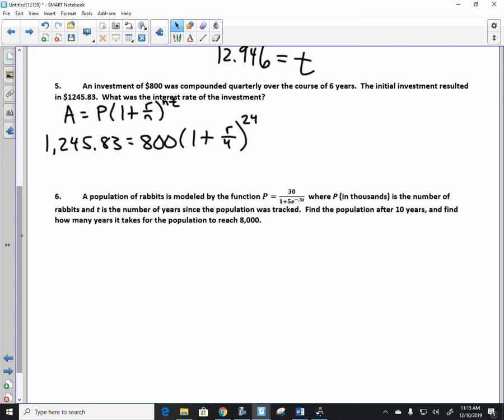As you investigate how you're going to solve this, what you want to do is consider the order of operations. Suppose that I plug something in for r. I would first divide by 4, then add 1, then take it to the 24th power, then multiply by 800. Correct? So when we solve it, we do it in reverse order of operations. So we're going to start by dividing by 800.